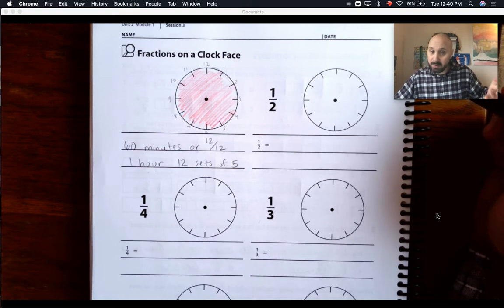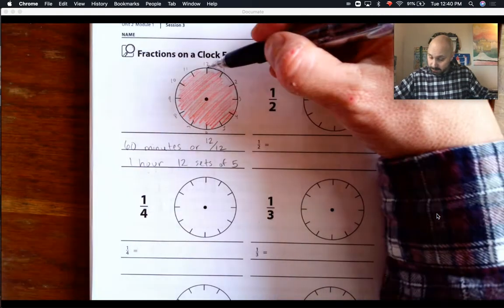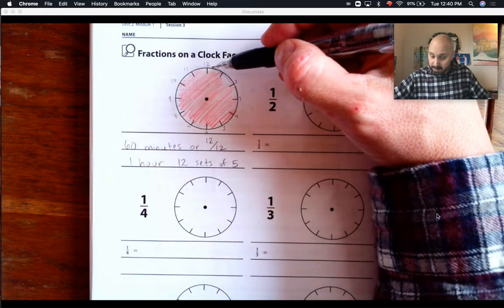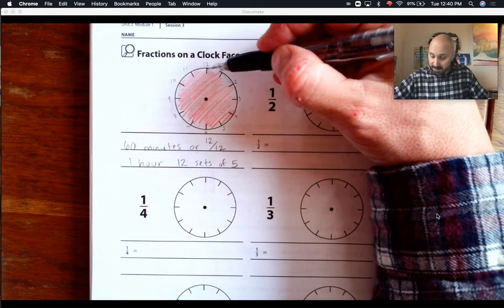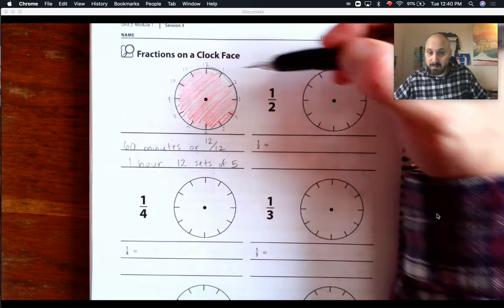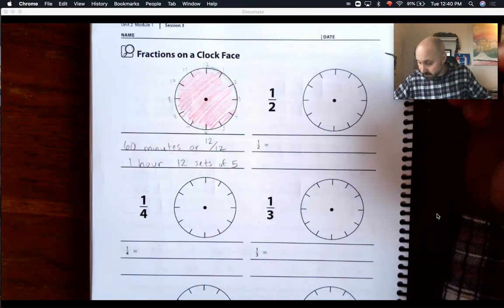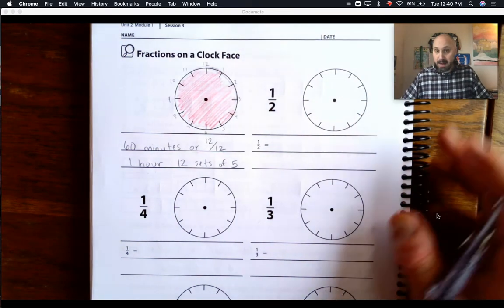So we have 12 all the way around, and each of these is 5 minutes. So 12 times 5 is 60 minutes. Okay, so now half an hour.